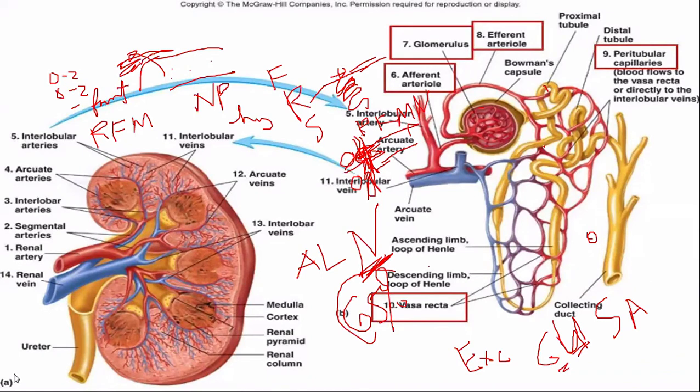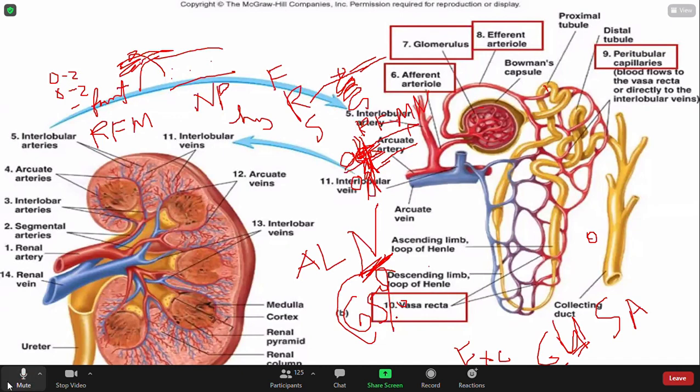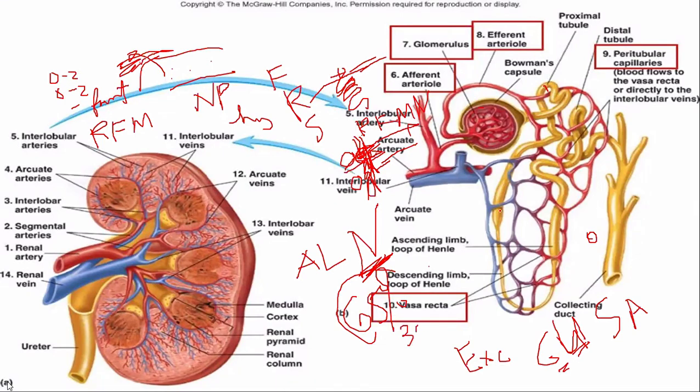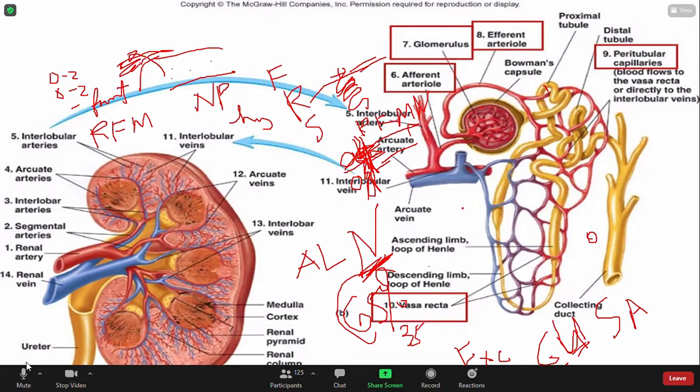So we go now to the descending limb of the loop of Henle. In the descending limb of the loop of Henle, of the remaining 35%, what is reabsorbed here at the descending? Water only, very good. Only water.